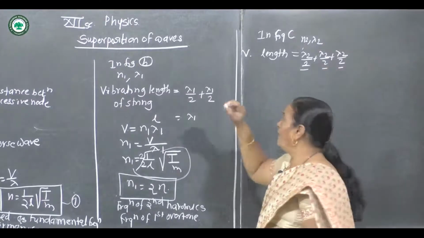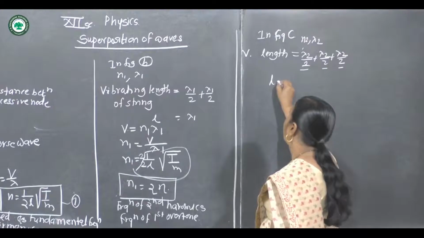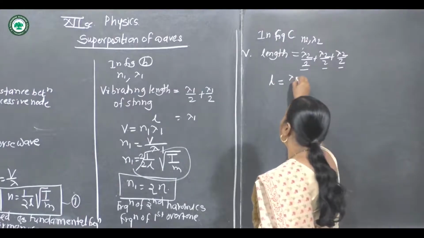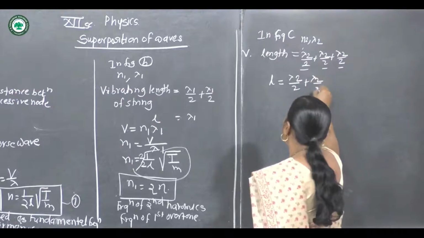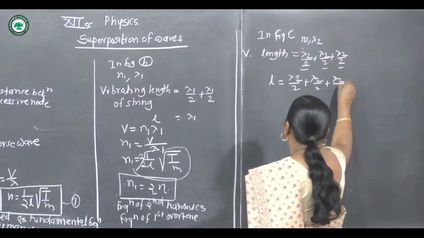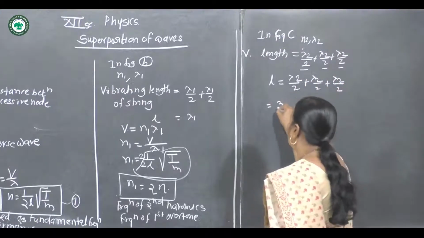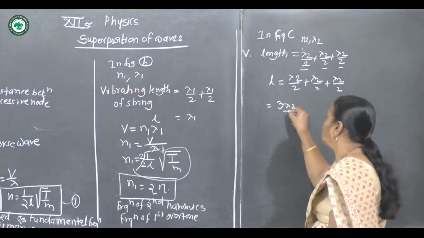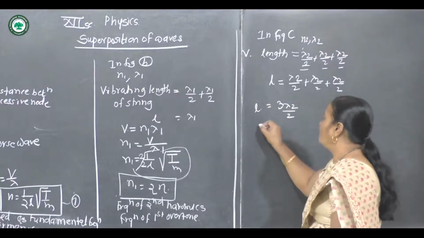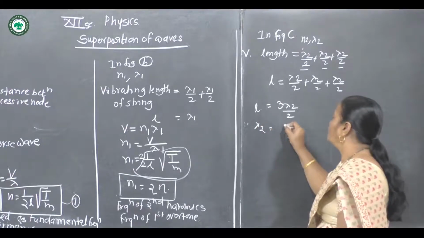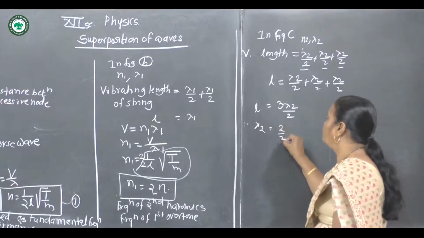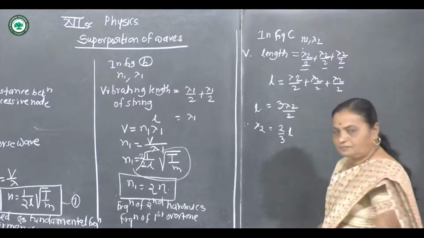Here we can write it is 3 lambda 2 by 2, which is L. Therefore lambda 2 is equal to 2 by 3 L.